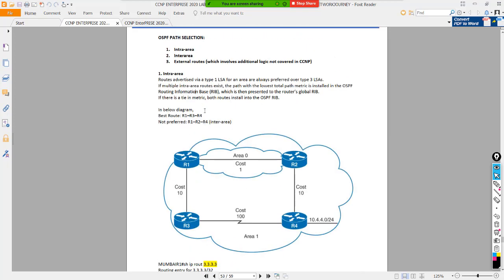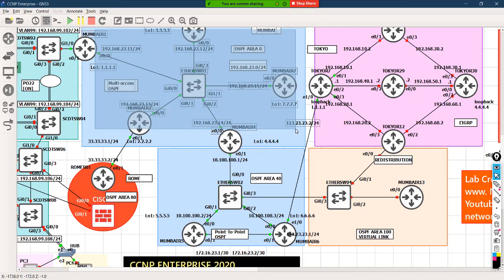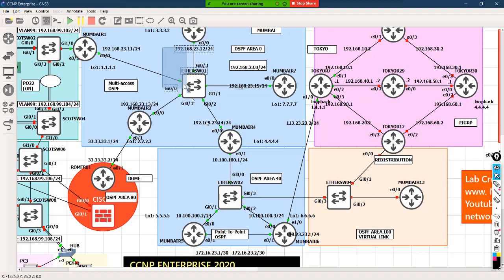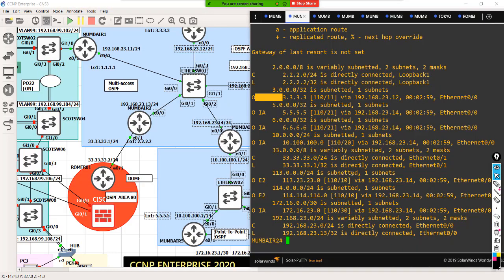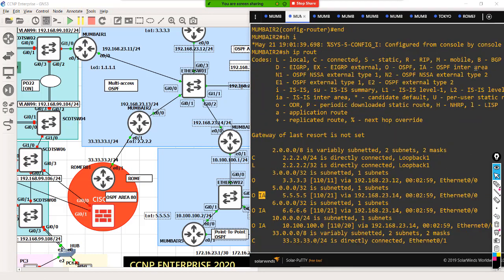Intra is when it's within the same area. In my case, this is the same area, so the routes will be tagged as O. When I have two different areas, it's called inter area, which will be tagged with this notation IA. Okay, IA is nothing but inter area.